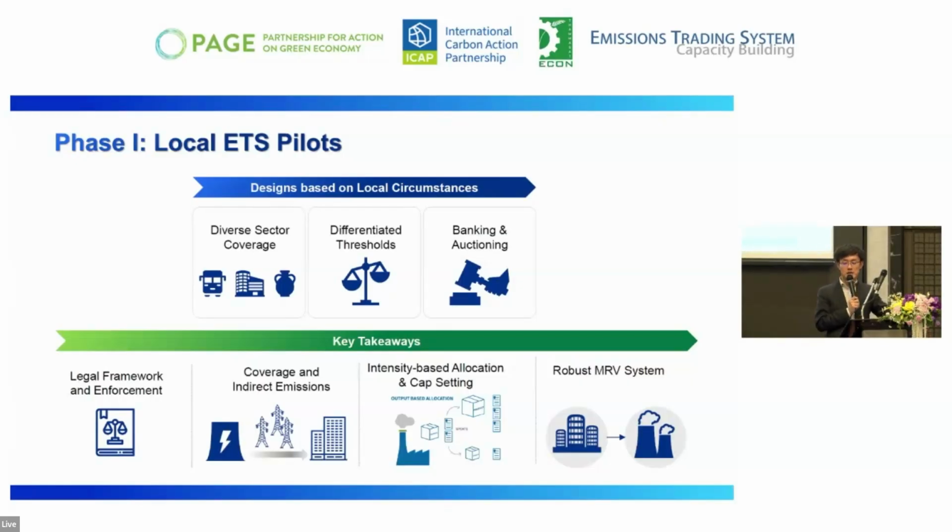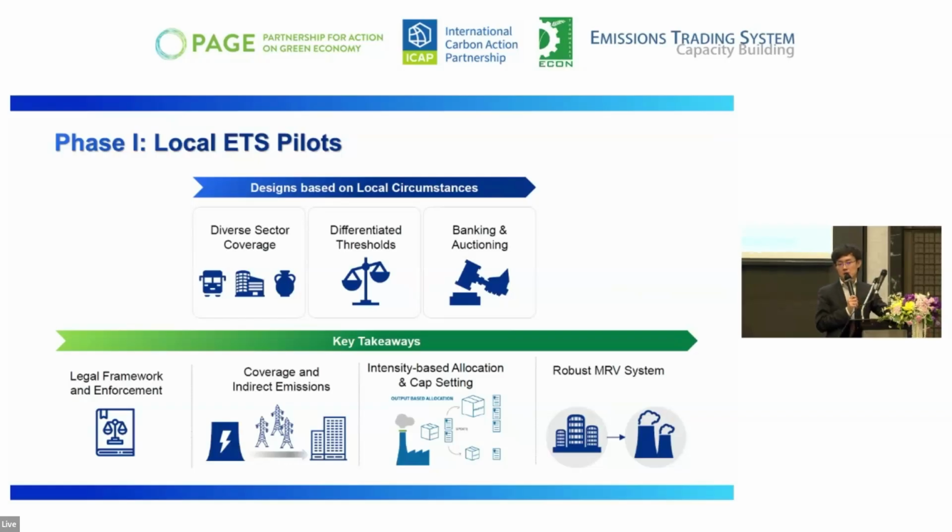The China National ETS has regulations explicitly saying that when the China National ETS covers certain industries, those industries will no longer be covered by the pilot ETS. So now the national ETS is covering power, aluminum, cement, and iron and steel. All these four sectors are not covered by the local or pilot ETS.